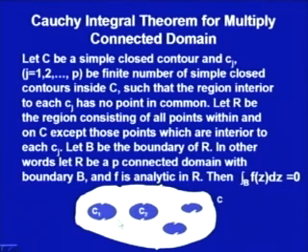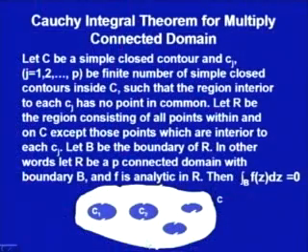Then, along this complete boundary, C plus C1 plus C2 and so on, the integral of the analytic function is 0. This is the extension of the main Cauchy theorem, which says that along any simple closed contour in a simply connected domain, the integral of f(z) along that contour C is 0. Here we have it on the boundary.